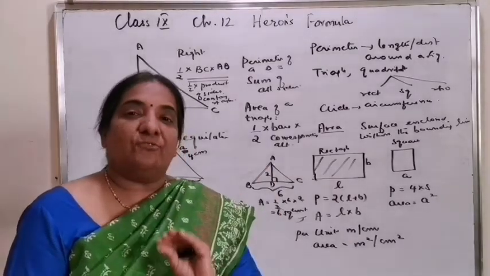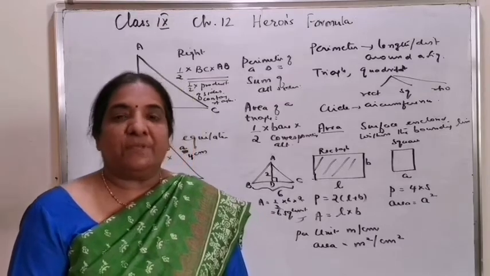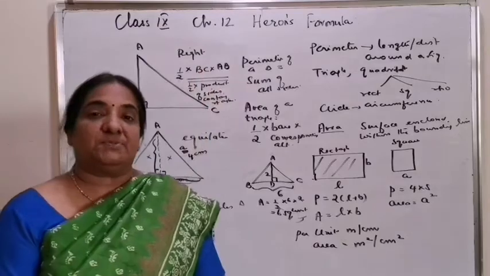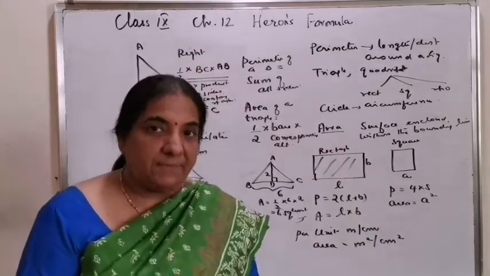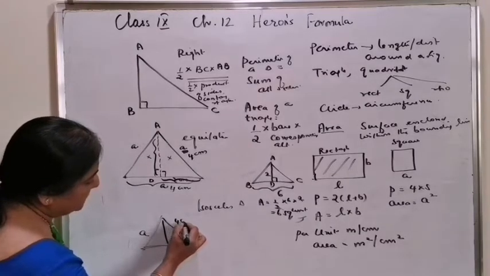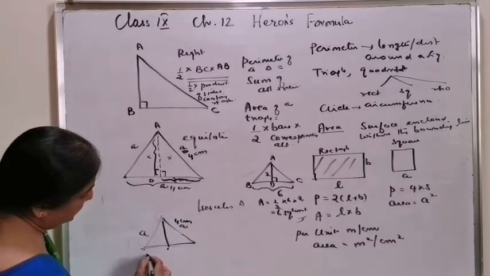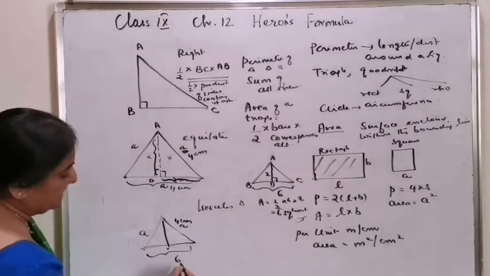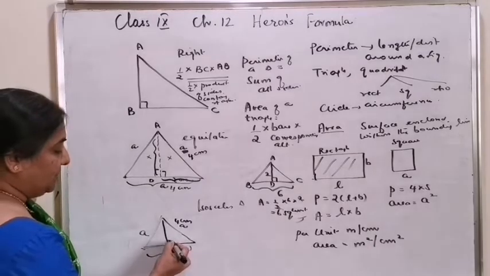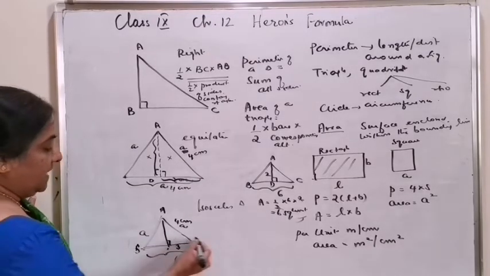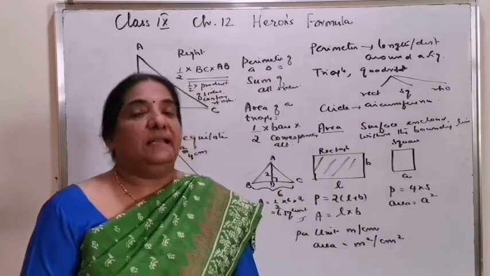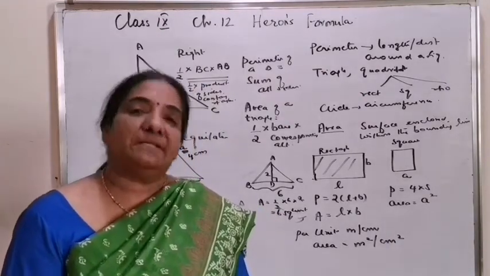Then we can apply the formula of half base into corresponding altitude. Similarly, for an isosceles triangle, if the side measures 4 and the non-equal side is 6, the same property of altitude bisecting the base will give you the length of the altitude by Pythagoras theorem.